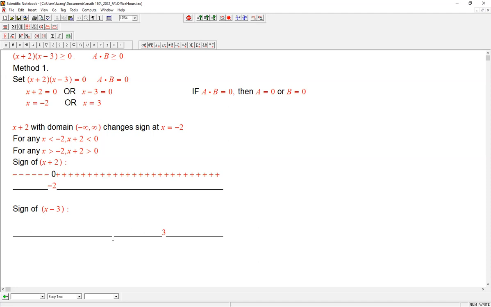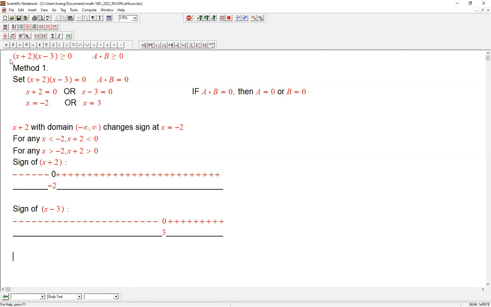When we pick any number X less than 3, X minus 3 will be negative. When X is equal to 3, it's 0. Larger than 3, it's going to be positive. This is the familiar method we talked about in the recorded lectures.